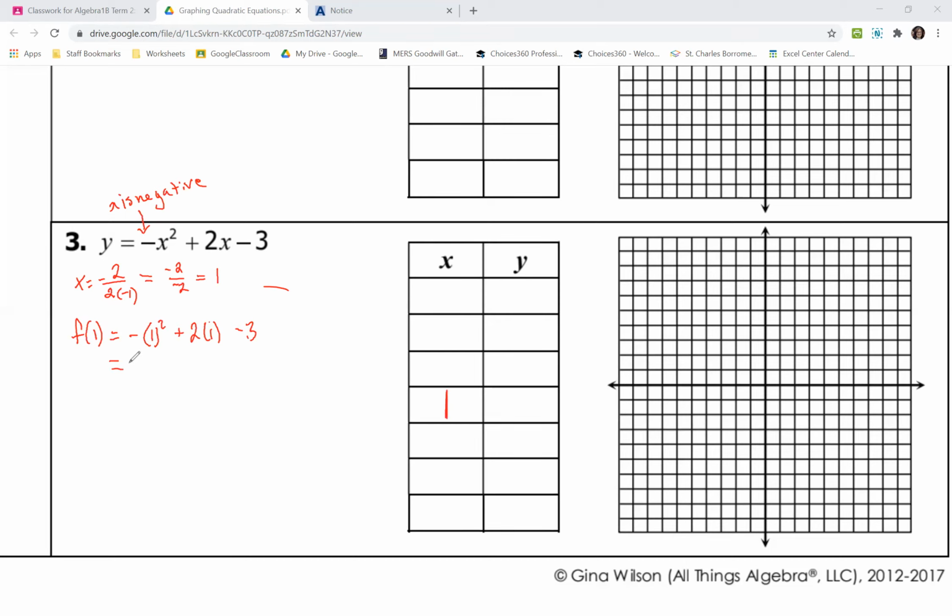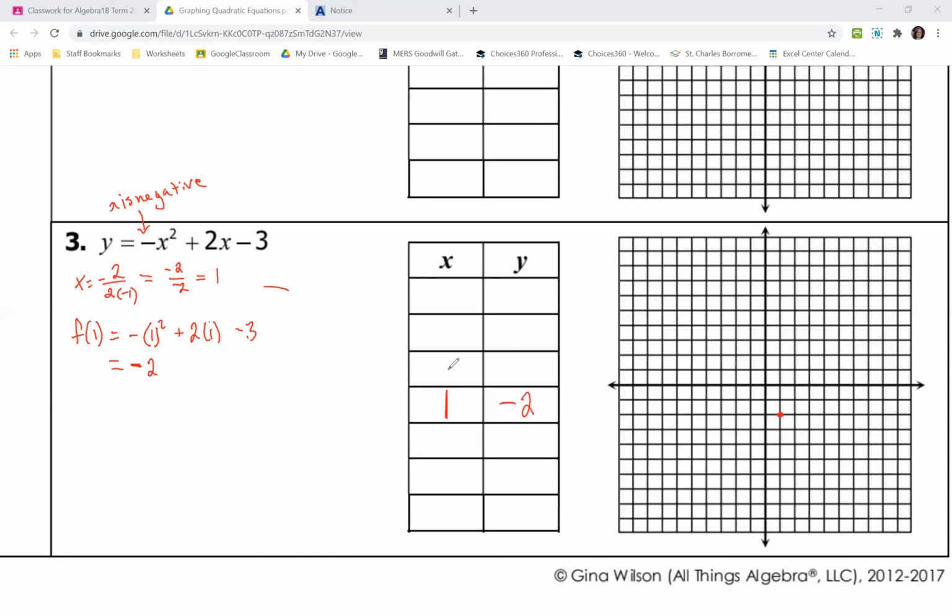So I have negative 1 plus 2 minus 3. Okay, that's going to give me a negative 2. All right, so I'm going to plot that point, 1, negative 2. So I go over 1, down 2. All right, so that's going to be right here.